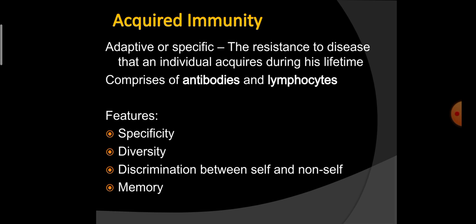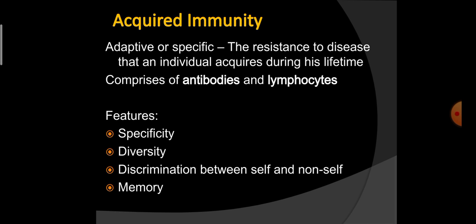If this property fails to function in the immune system, that leads to a disorder called autoimmunity. Auto means self. So the immune system of the body starts acting against its own body cells. It is not able to discriminate between self and non-self cells.